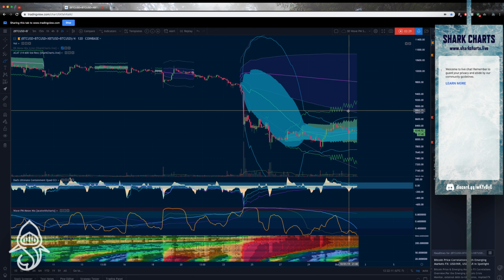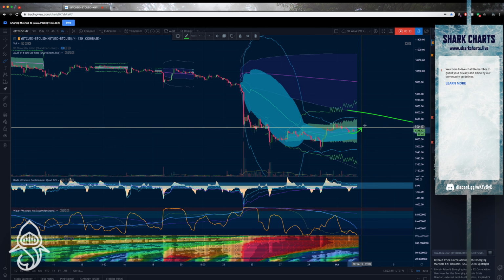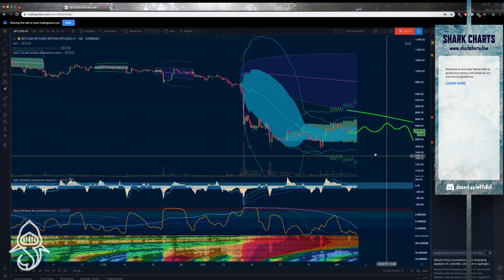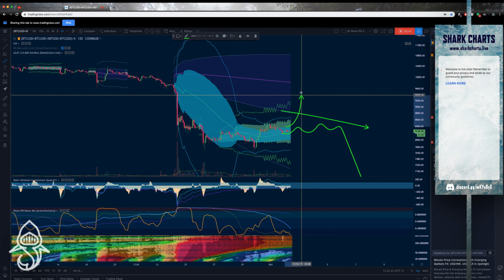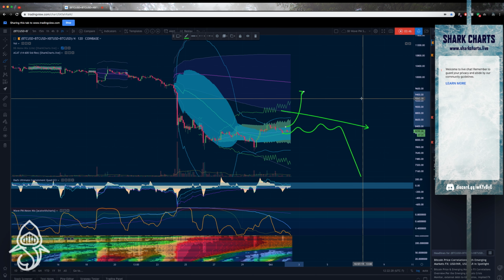So eventually, the mean reversion pivot is going to come down and meet price. And price action is going to be forced to either see trend continuation by rejecting off the mean reversion pivot, or by going inside the band, which would further emphasize longer-term compression. Longer-term compression would be a bullish scenario. Why?